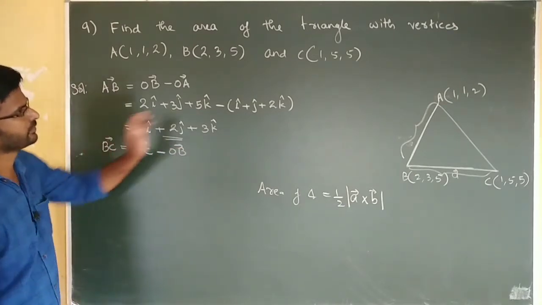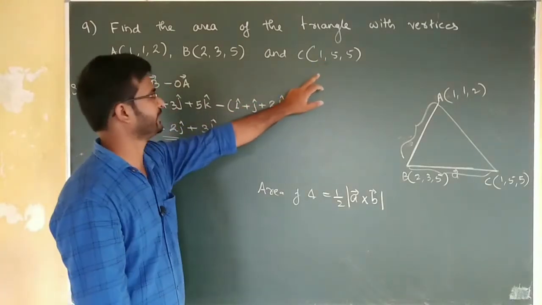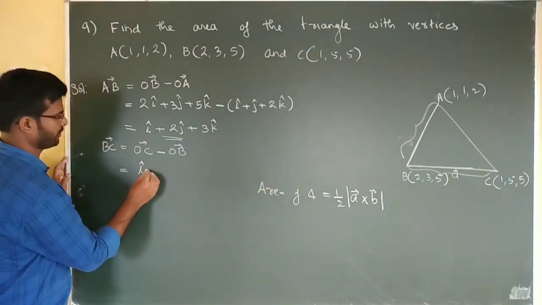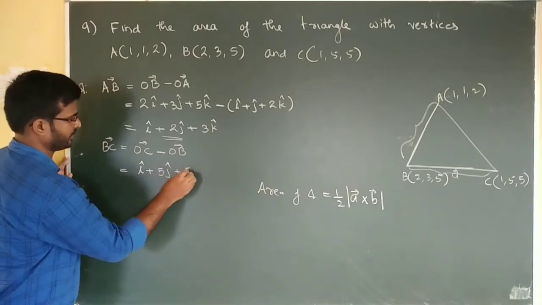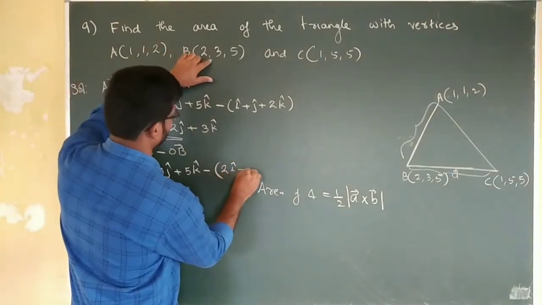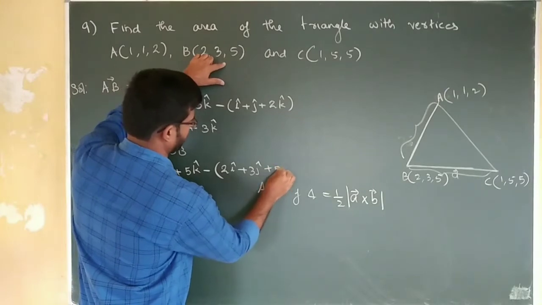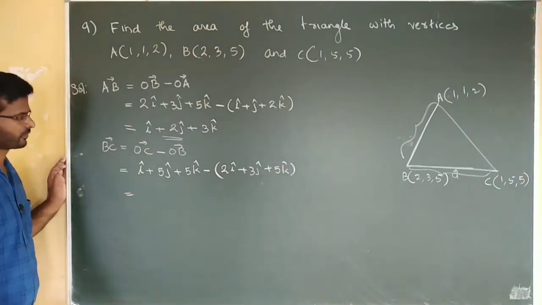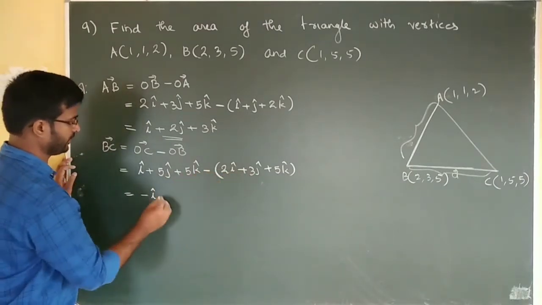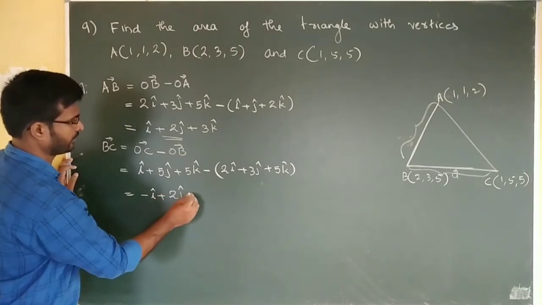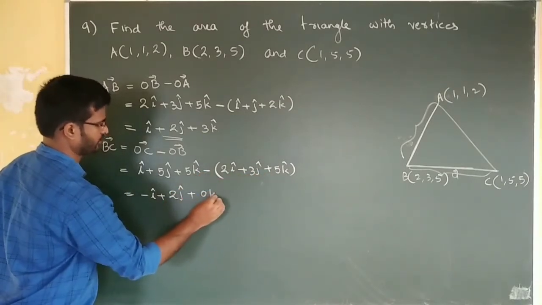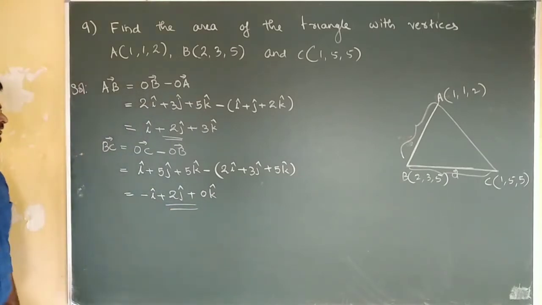From this vertex we can write OC vector as i plus 5j plus 5k, minus OB vector, which is 2i plus 3j plus 5k, equal to i minus 2i is minus i, 5j minus 3j is 2j, 5k minus 5k is 0. Now we got BC vector also.